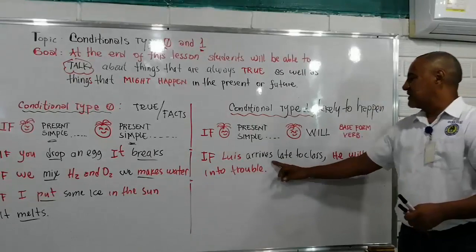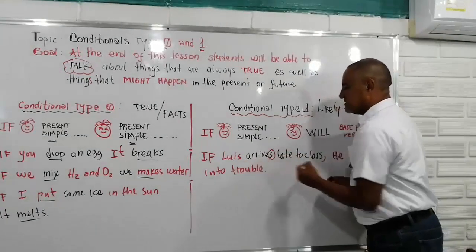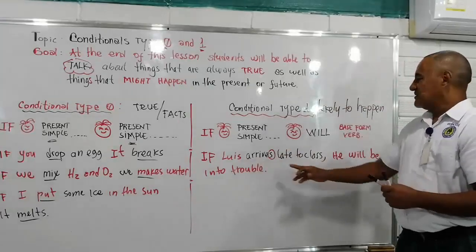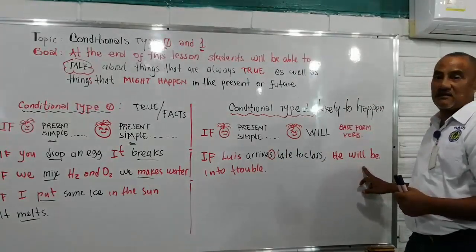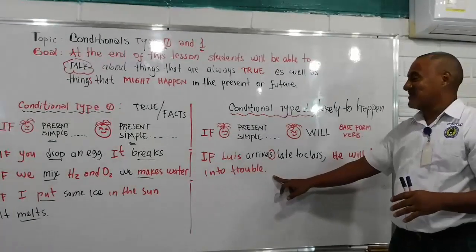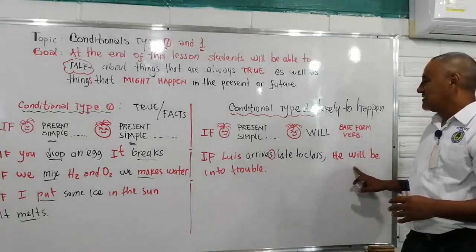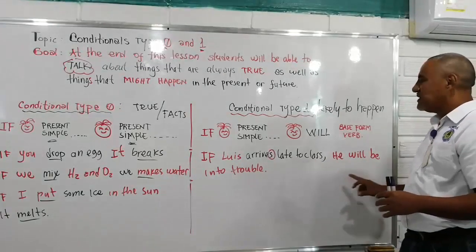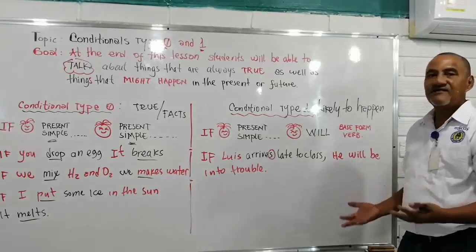Then we say, if Luis arrives, third person, present simple. Si Luis llega tarde a clase, es probable que tenga algunos problemitas para entrar. That's the meaning of this. Luis will be in trouble if he arrives late to class. We can do it vice versa.